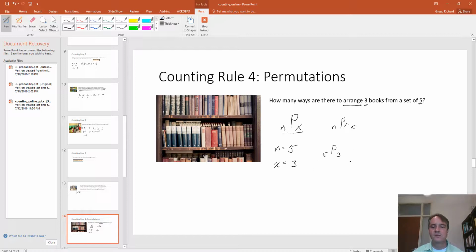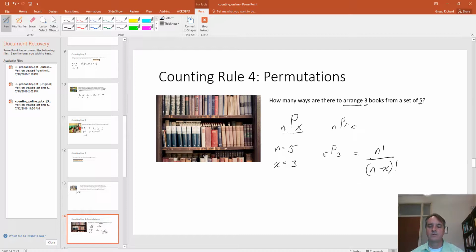Okay, so this is a notation, but it doesn't really give us any way to calculate that. I'm going to give you a formula first, then show you how to calculate these both on your calculator and in Excel. So the formula goes like this. It is n factorial divided by n minus x quantity factorial.